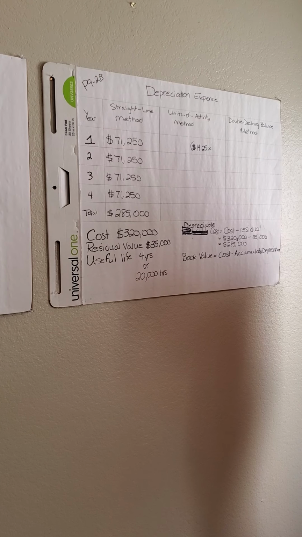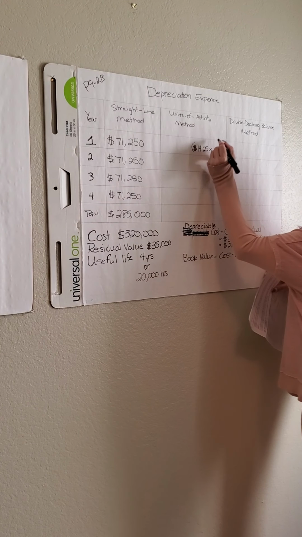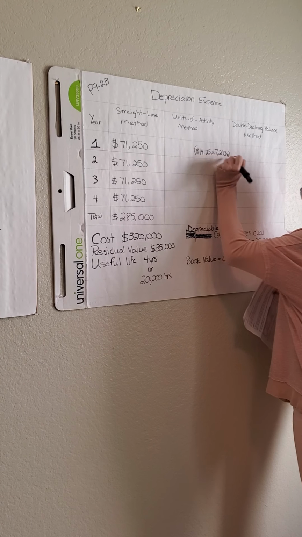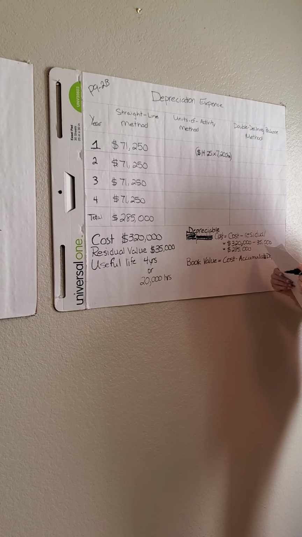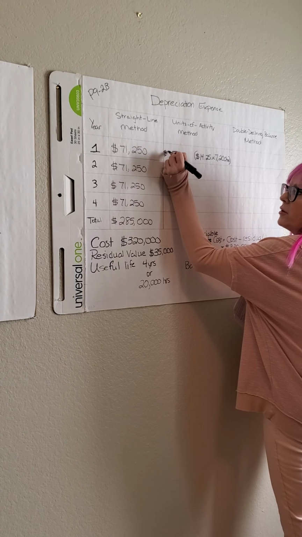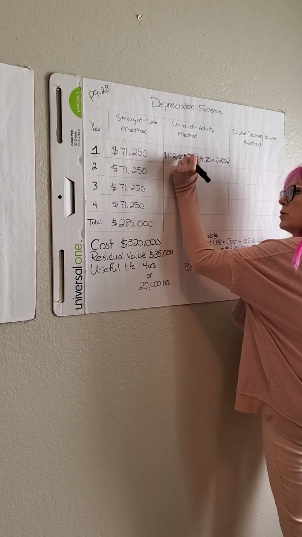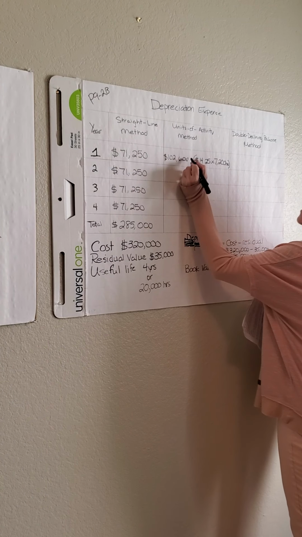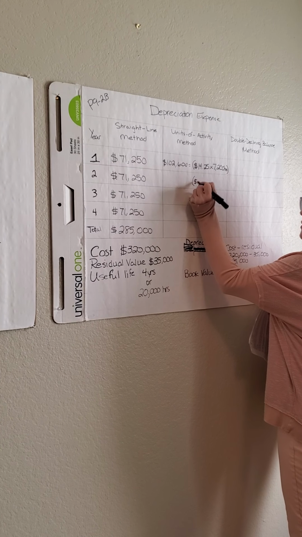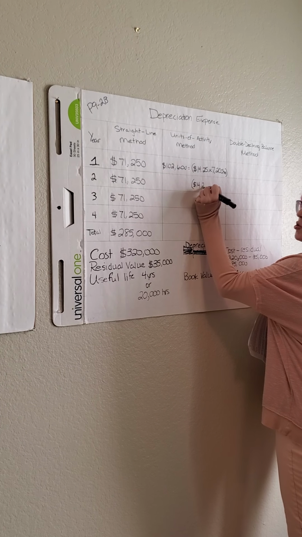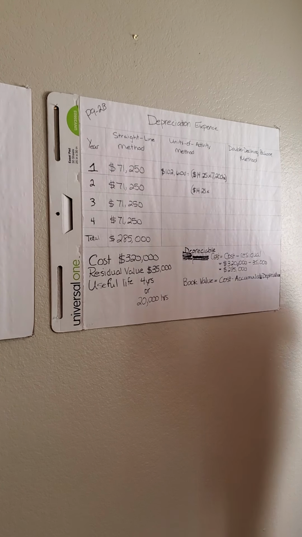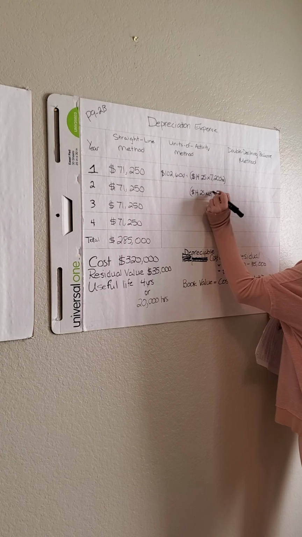And the problem tells us that in year one, we use 7,200 hours. So we multiply that out, and depreciation in year one comes to $102,600. Then in year two, we're still going to use that same rate of $14.25. In year two, the company consumed 6,400 hours.